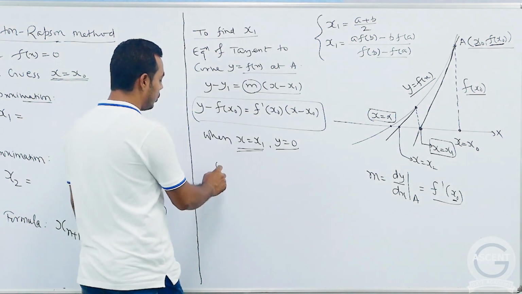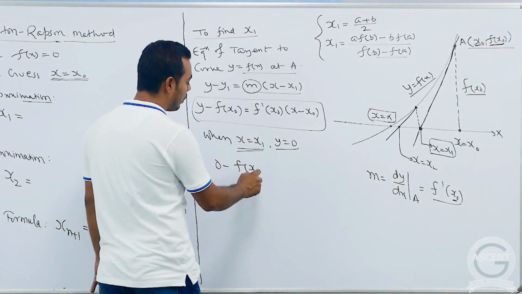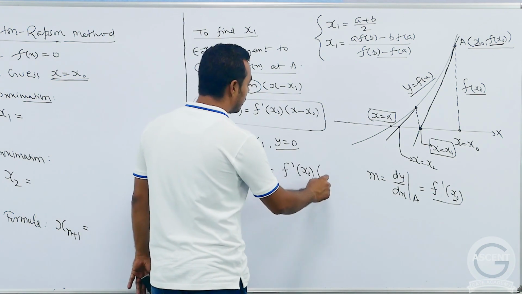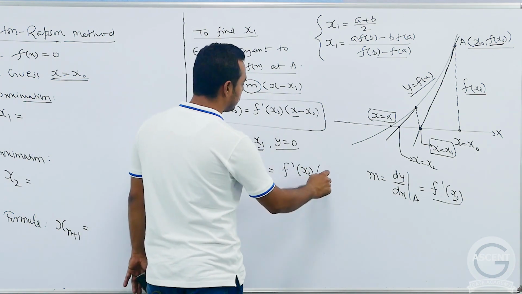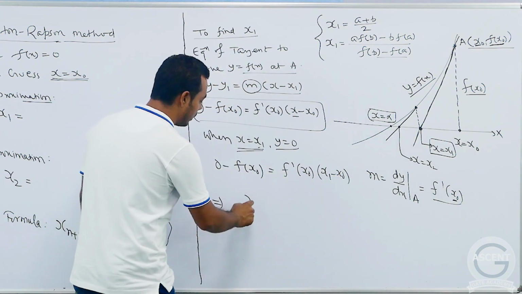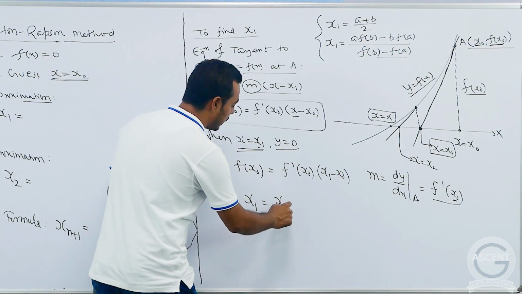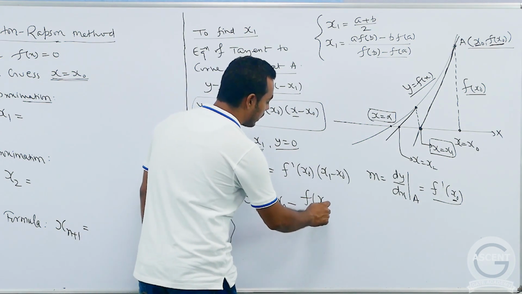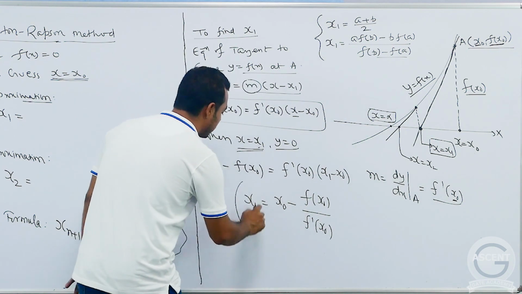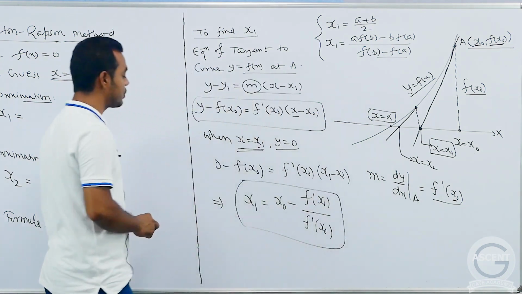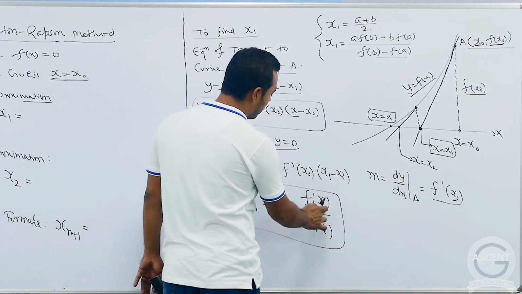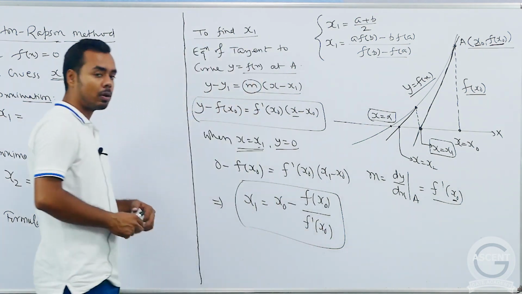So we'll get 0 minus f(x0) equals f'(x0) times (x1 minus x0). If you rearrange this, you will find that x1 equals x0 minus f(x0) divided by f'(x0). So this is a very simple formula to find x1.